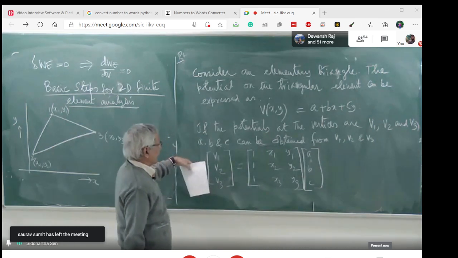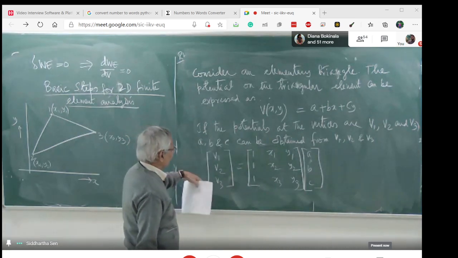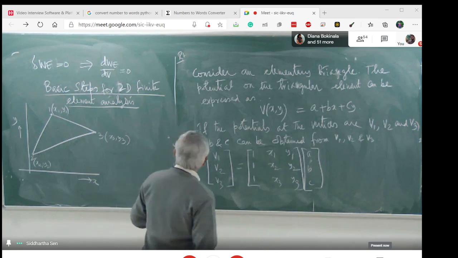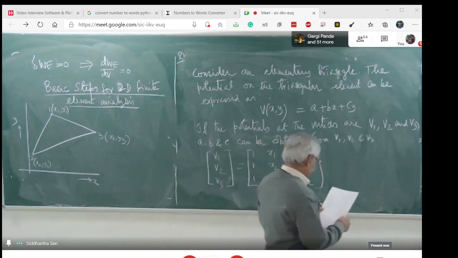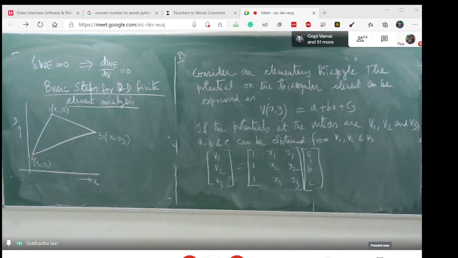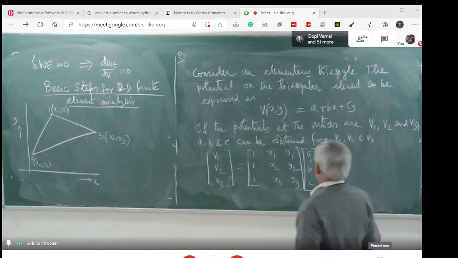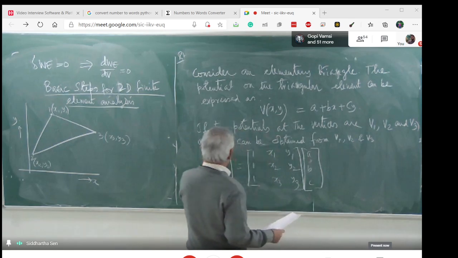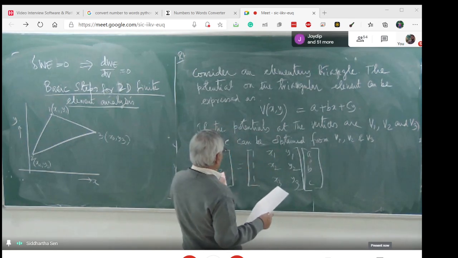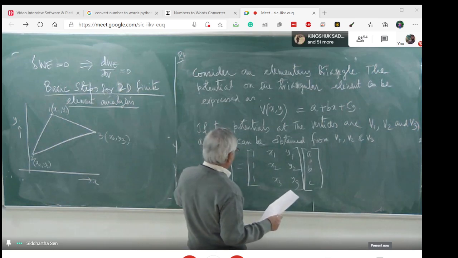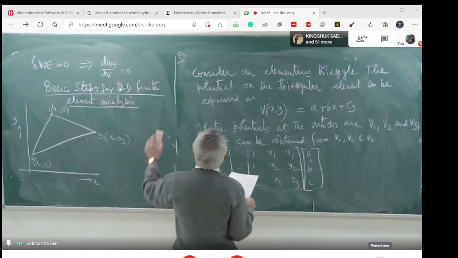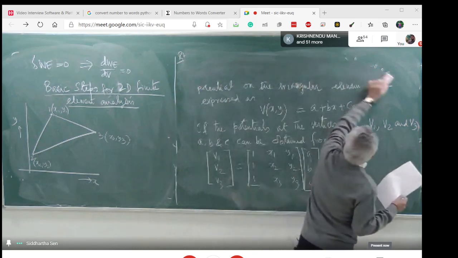From this, we can write it down as 3 equations. So we can find out A, B, C in this way, and ultimately we can write it like this.